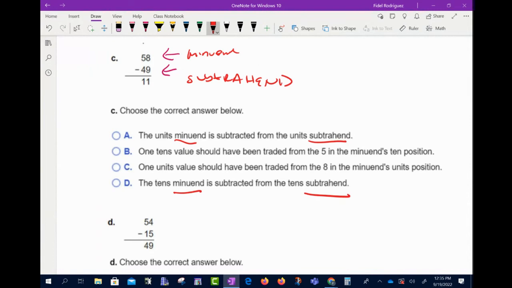So look what it says, the units. Y'all remember, the units is going to be the first column, okay? The units minuend is subtracted from the unit subtrahend. So it's saying 8 is being subtracted from 9. If we were to do 9 minus 8, would we not get 1? Yeah, so that looks like that's what they did, right? That was a mistake that they made, okay?